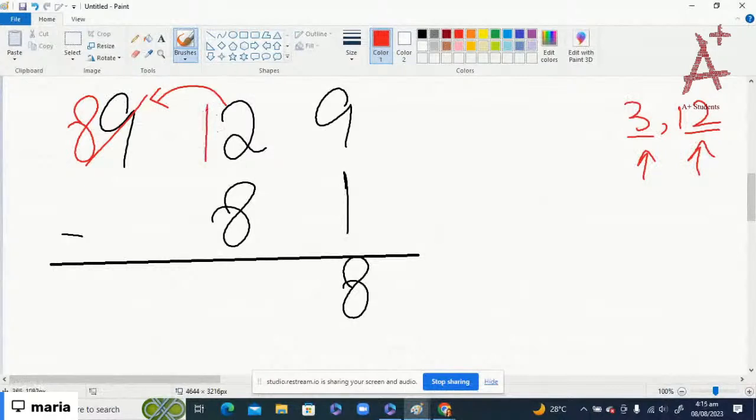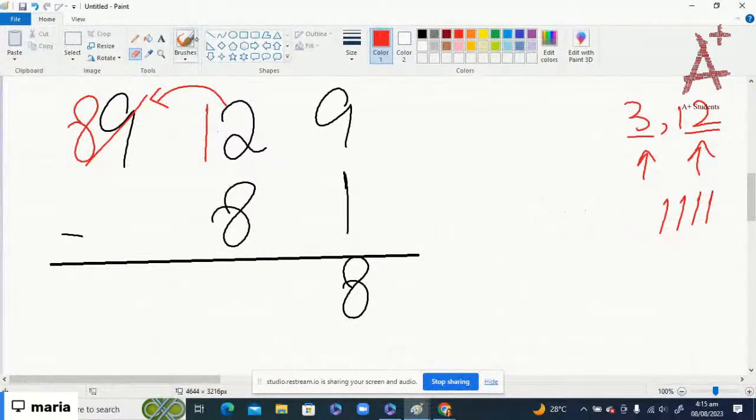So 12 minus 8 is, let's draw 12 lines. 1, 2, 3, 4, 5, 6, 7, 8, 9, 10, 11, and 12. Remove 8 lines. 1, 2, 3, 4, 5, 6, 7, and 8.